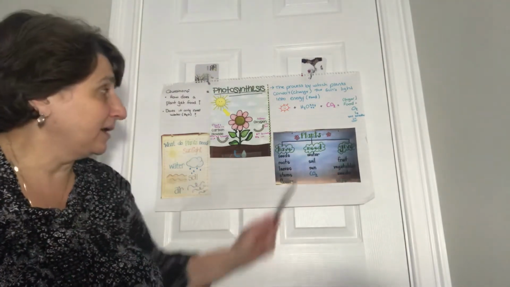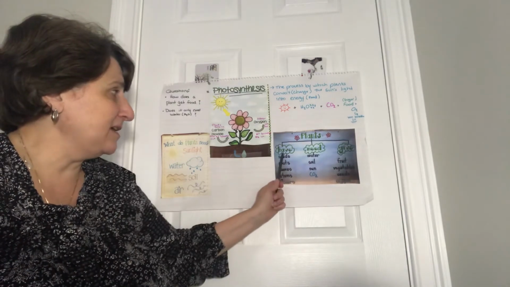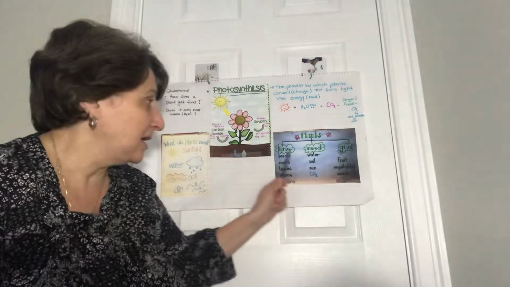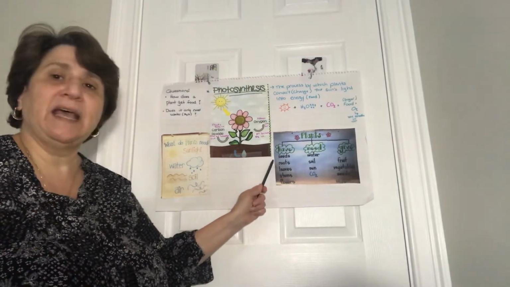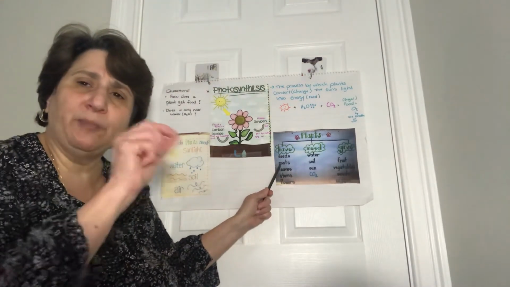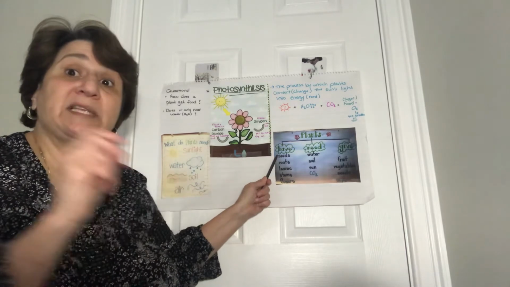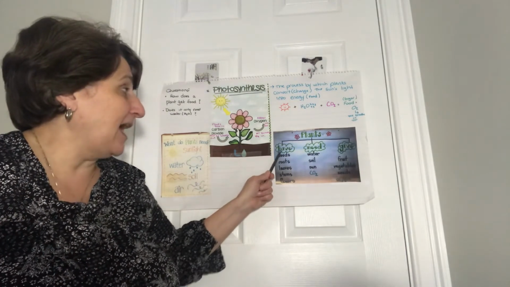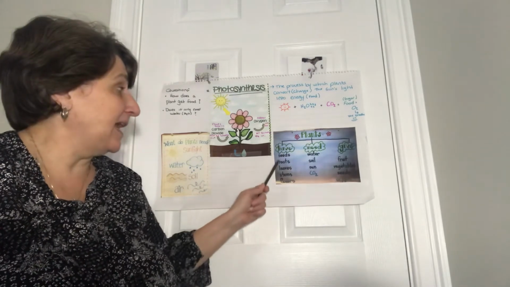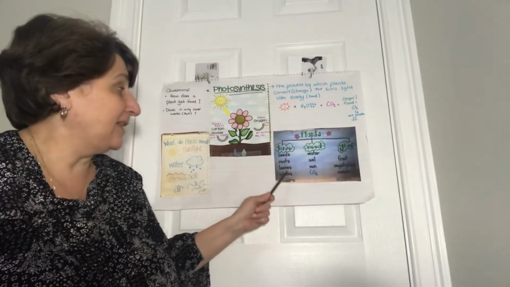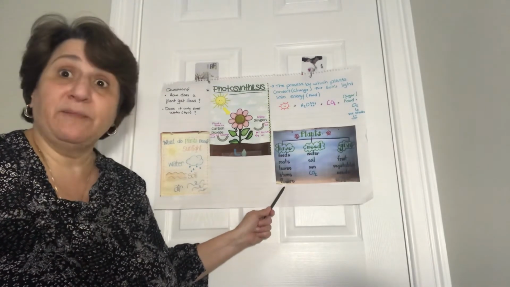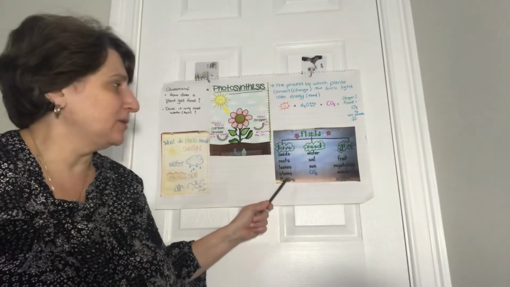Okay, so let's just review what we learned a little bit about plants. It's very important. Plants have things, they need things, and they give us very important things. What do plants have? Well, to grow a plant, what did we put in the dirt? Or what did we sprout in the little Ziploc bag? They have seeds, they have roots, they have leaves, they have stems, and some plants even grow beautiful flowers.